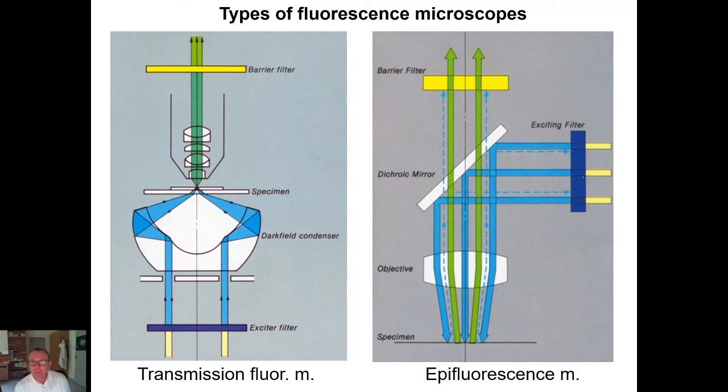Light is going through the exciting filter, and it is reflecting on the dichroic mirror, goes down to the specimen.